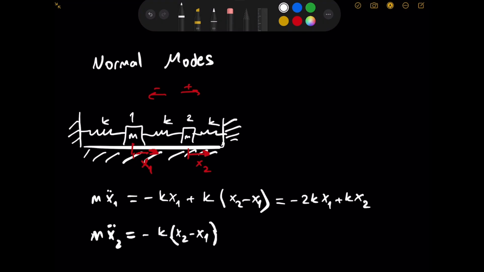And then if you look at the rightmost spring, it was compressed by x2, so it's going to want to push it back, which is left, so minus kx2, right? And if you write this one, then that's going to be kx1 minus 2kx2.